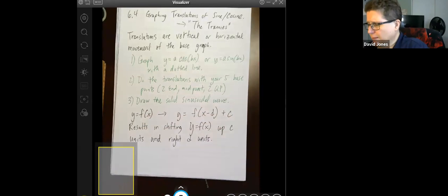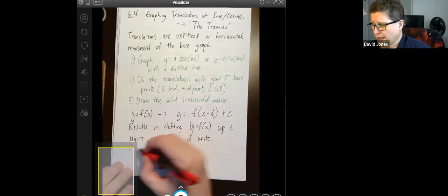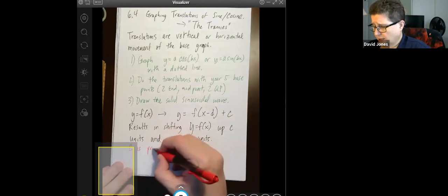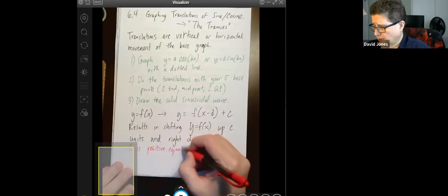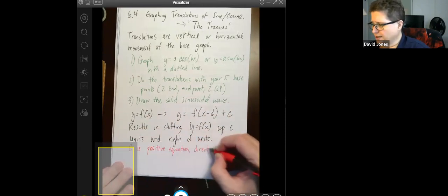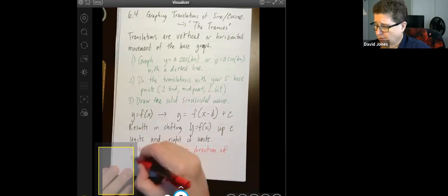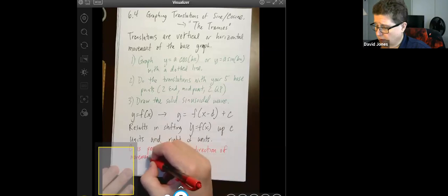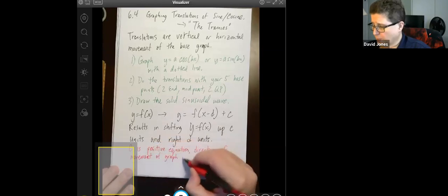The way I remember it is c is positive in the equation, the direction is in the direction of movement of the graph, which is the positive direction.